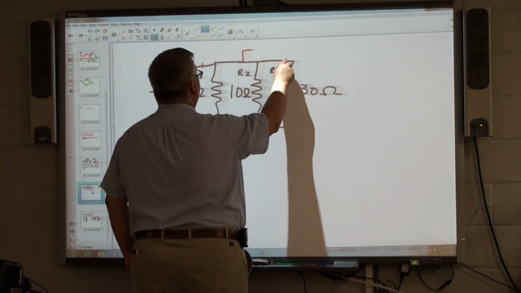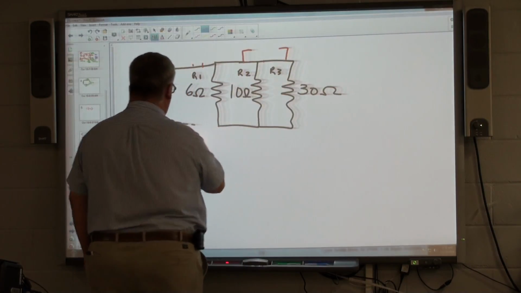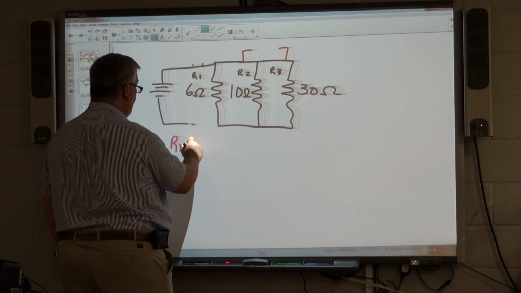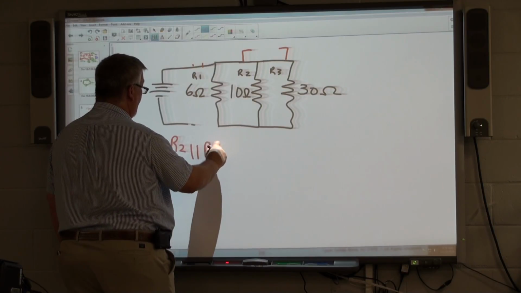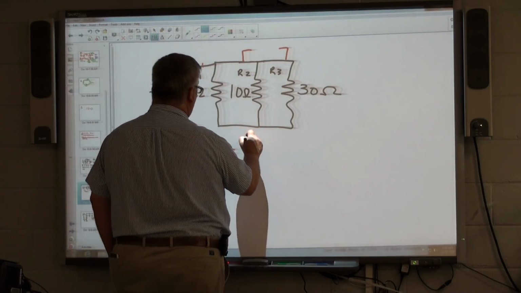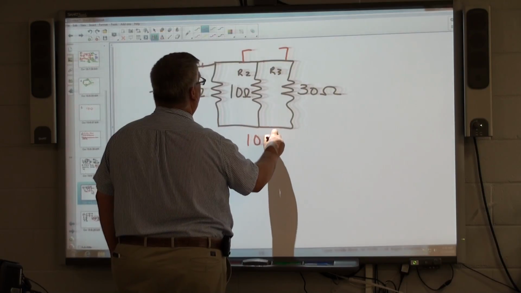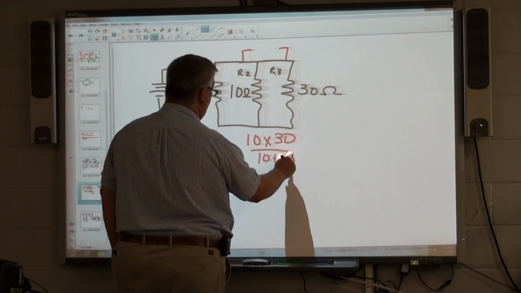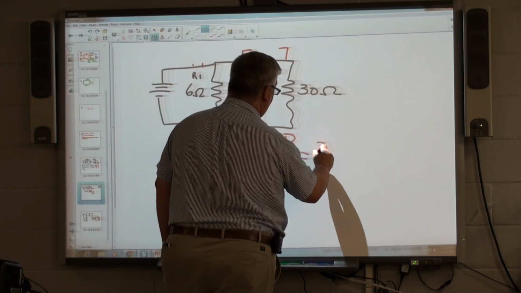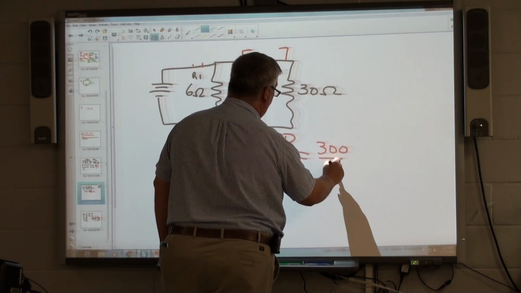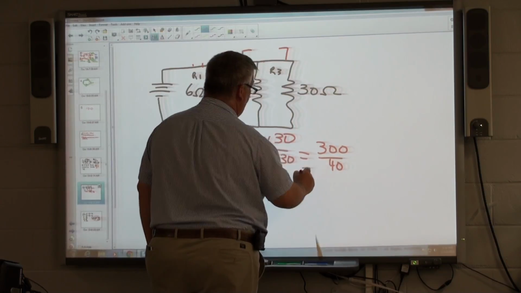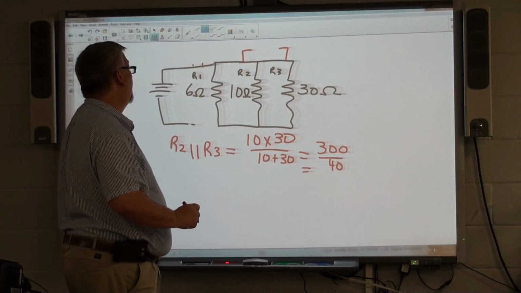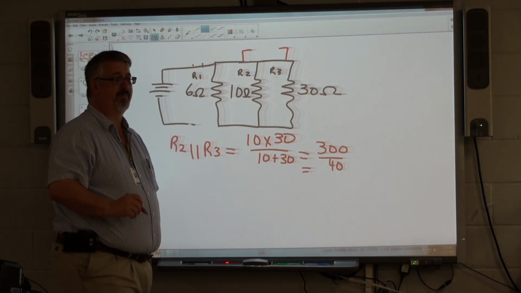I can choose these two, and I can get R2 in parallel with R3 is equal to product over sum, 10 times 30 over 10 plus 30. And that's going to be 300 over 40, and that's going to equal what? 7.5.